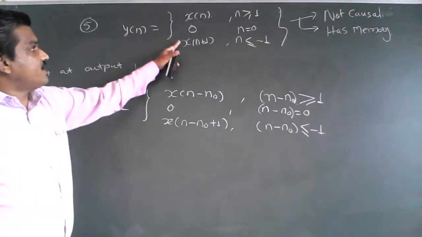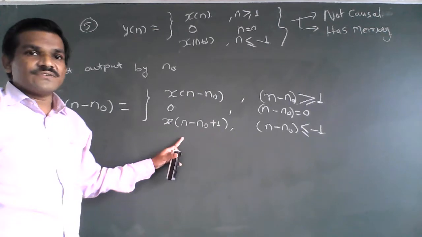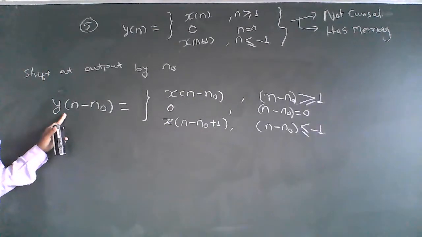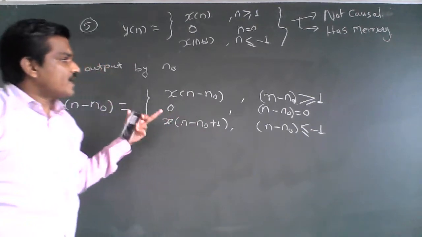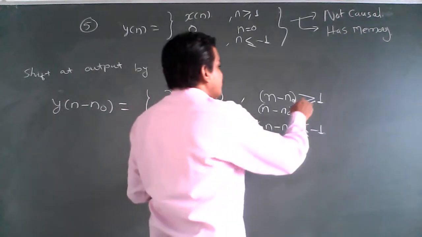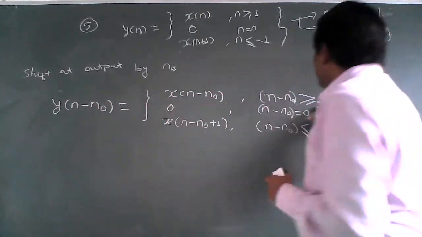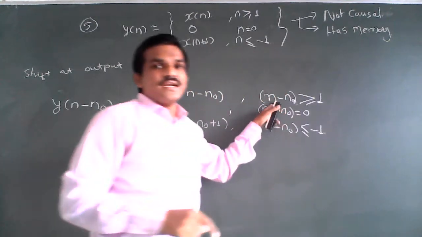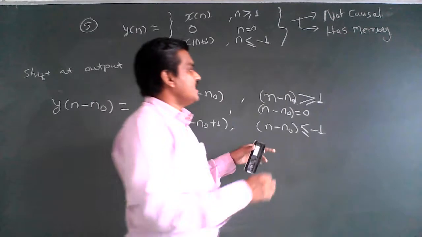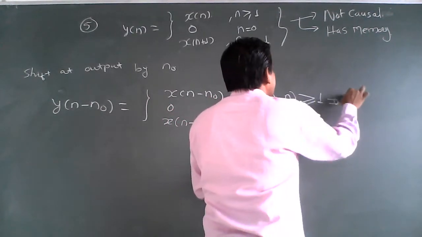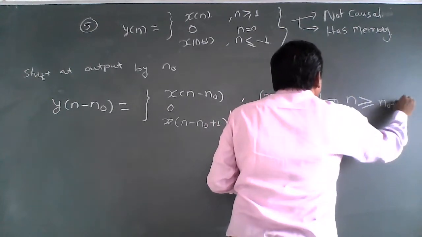So wherever n is there, we have to shift by n0. We have to delay this by n0. Now we have shifted the output. You can rewrite this another way. n minus n0 greater than or equal to 1 means n must be greater than or equal to n0 plus 1.